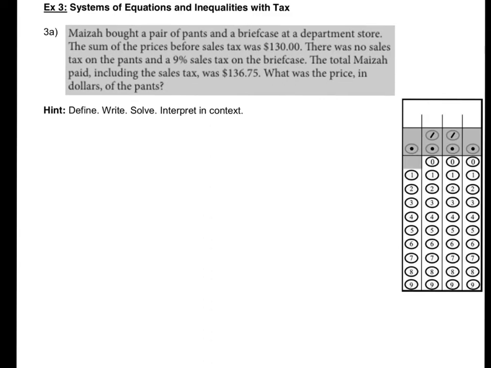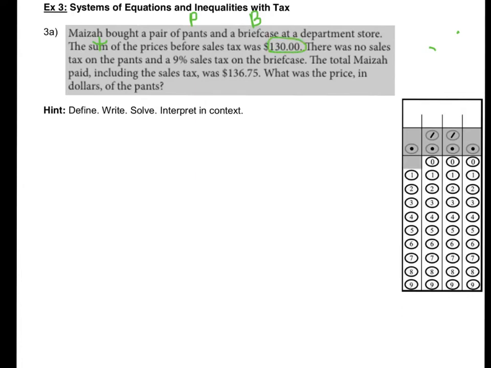I'd like to give you a couple hints about the setup of this problem. We have Mizea buying pants and a briefcase. So I'm just going to go through and put a P and a B for pants and briefcase. The sum of the prices, so when we add those 2 prices up, before sales tax was $130.